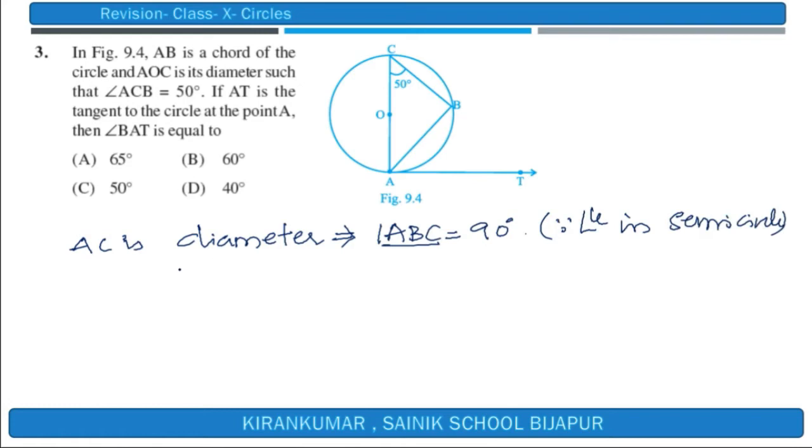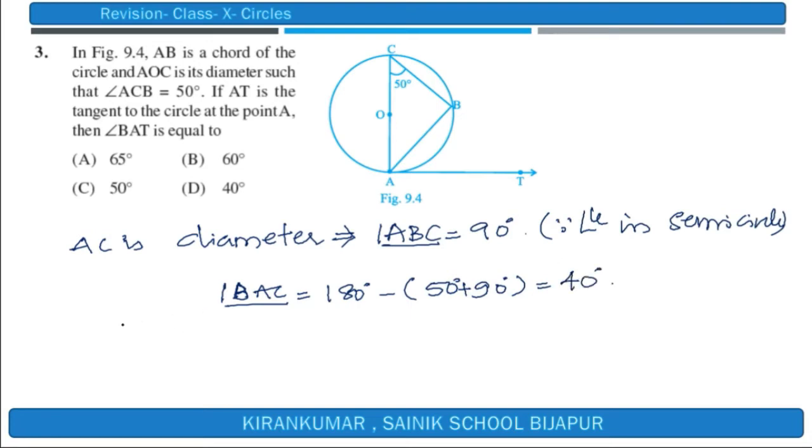Therefore, the angle sum property says that angle BAC will be equal to 180 degrees minus the sum of the angles 50 plus 90. So the remaining angle will be 40 degrees.